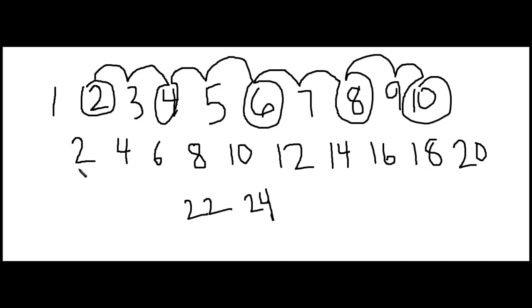Each time we write a number, we skip the number. Here we skipped 3. So 2, 3, 4, 5, 6, 7, 8. So I'm kind of pointing to these empty spaces as the numbers we skip. Every time we count by 2s, there's a number in between that we don't say.